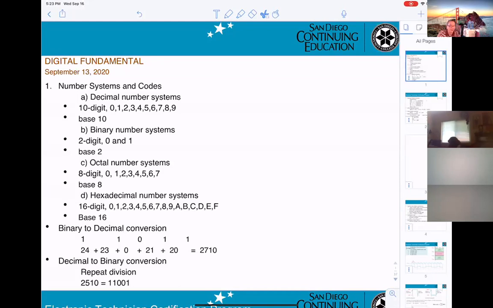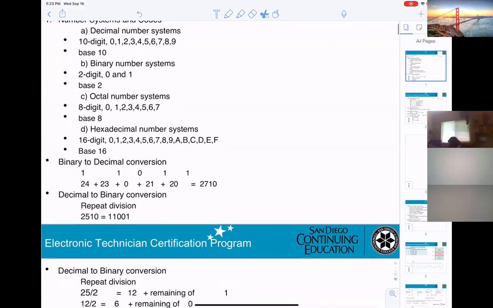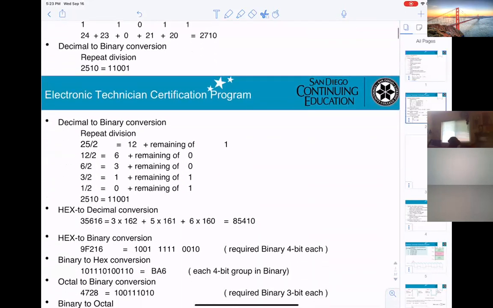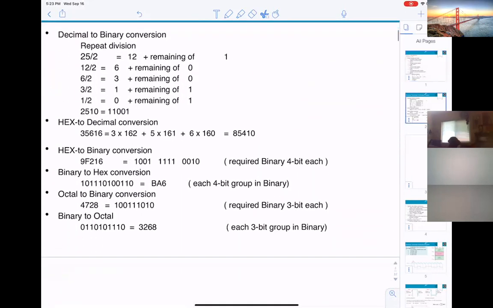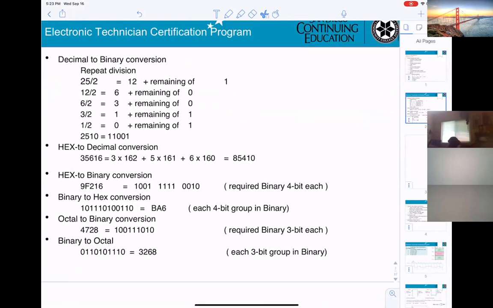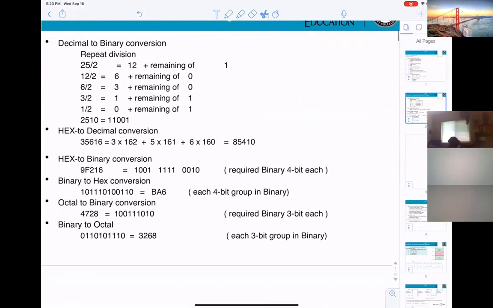Then you can learn binary to decimal conversion or decimal to binary conversion. Right now, we don't care about decimal to binary conversion. Technicians, we don't need it; you can read it.